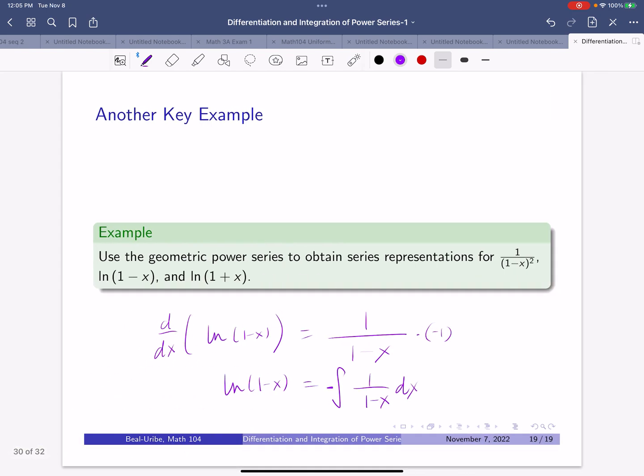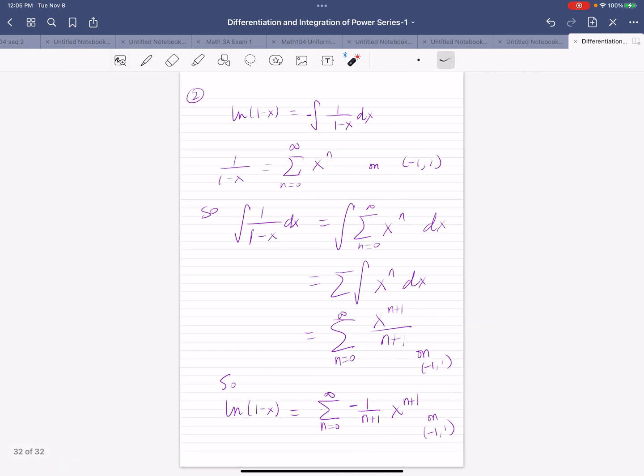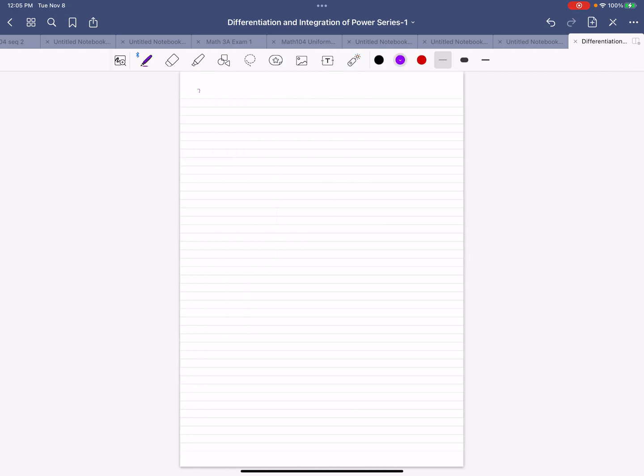And then the last problem here is, well, what about natural log of 1 plus x? There's a relationship between natural log of 1 minus x and natural log of 1 plus x, because we can rewrite this as natural log of 1 minus negative x.